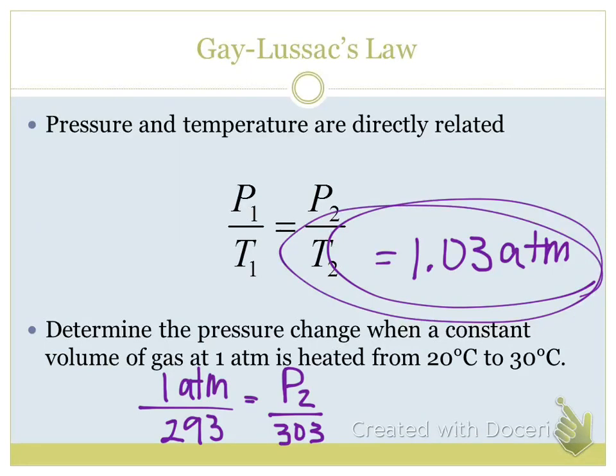And when we cross multiply and divide, we end up getting about 1.03 atmospheres.